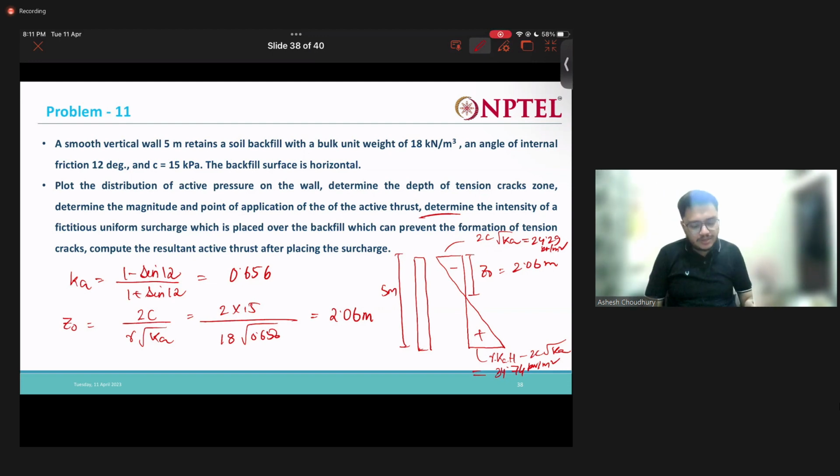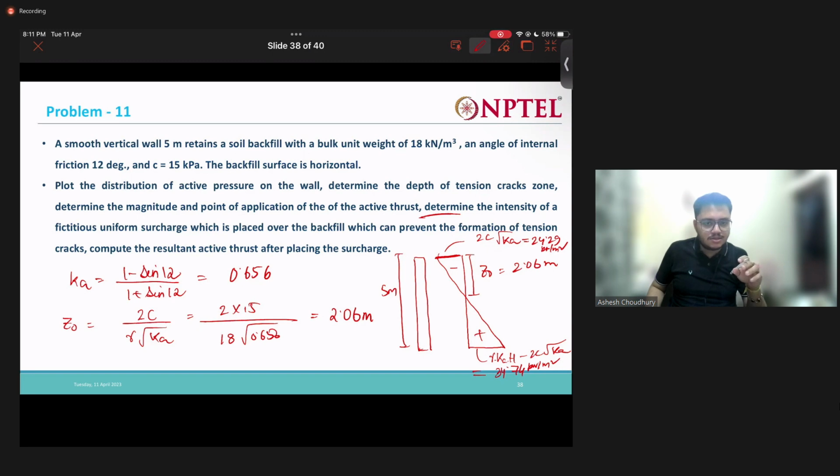For no tension at the top, whatever surcharge we place here should cancel this 24.29, because it's negative.